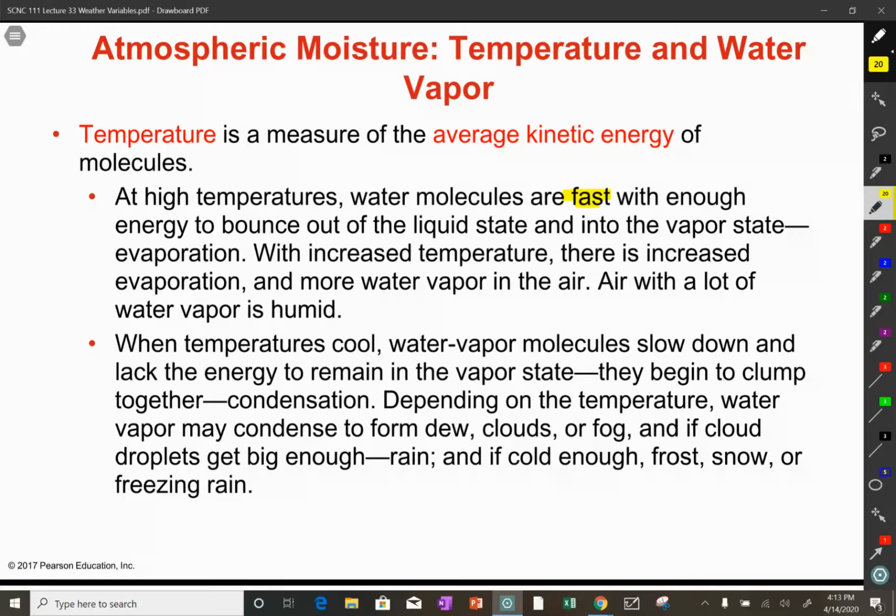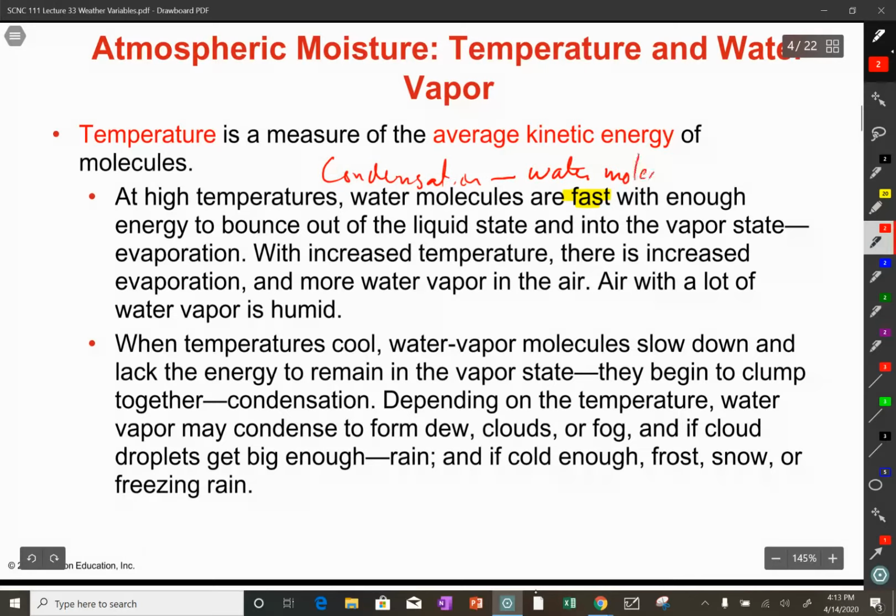So condensation is when water molecules stick together. And when condensation occurs, it actually causes the air temperature to drop, to cool.